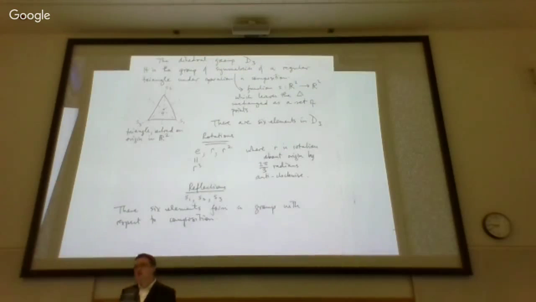Because with these 6 symmetries here, if we compose 2 of them together, so we perform one function on the plane, and then perform the other function after that, well, both of the individual symmetries leave the triangle unchanged. So the triangle will still be unchanged after you've composed it. So the composition of any 2 of these symmetries must be one of the other 6.